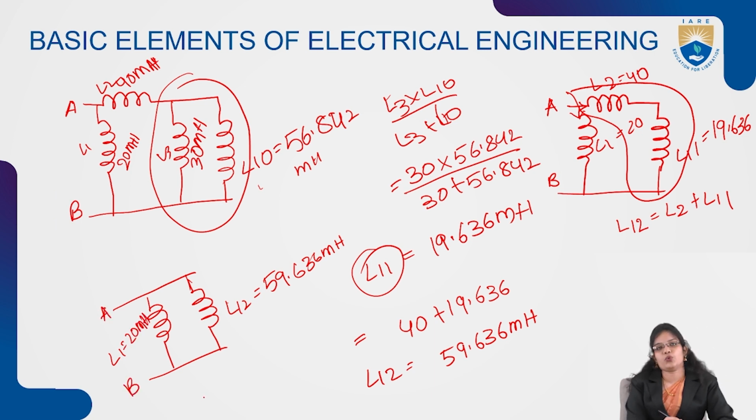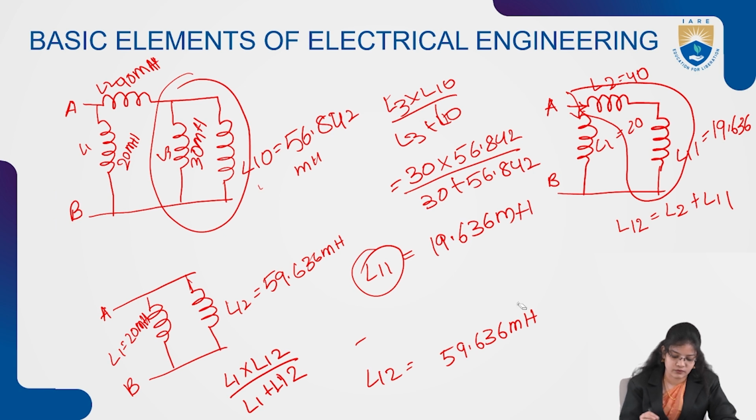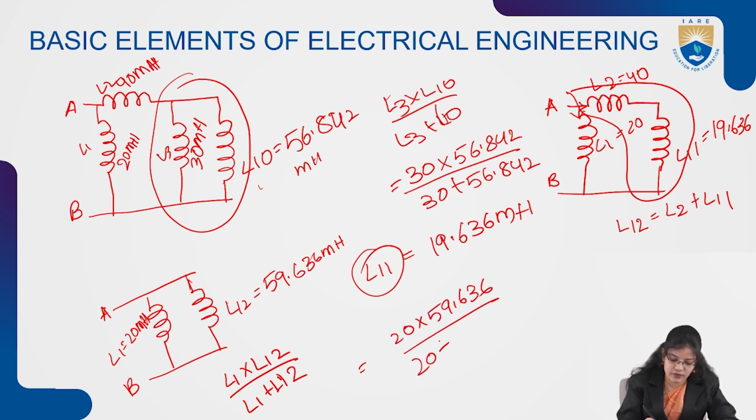Now if these two inductances are connected in parallel, then we have to calculate these two inductances by using the formula L1 into L12 by L1 plus L12. So it will be taken as 20 into 59.636 by 20 plus 59.636.